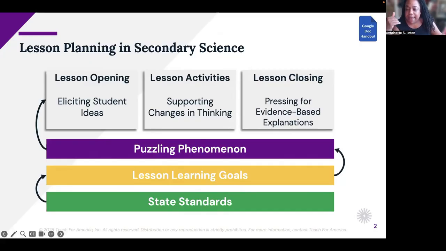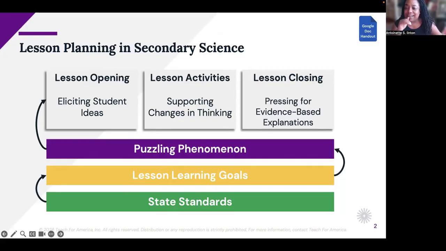So if you step back and look at this whole model, what do you notice about the progression of thinking students are being asked to do over time? Exactly. What we really see is a coherent progression from standards to student sense making. And honestly, that coherence matters because rigorous science teaching is not just about covering content.